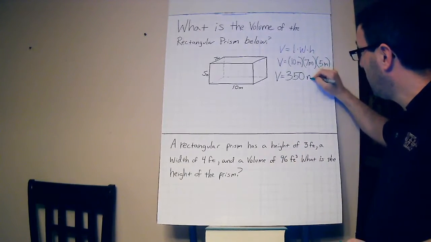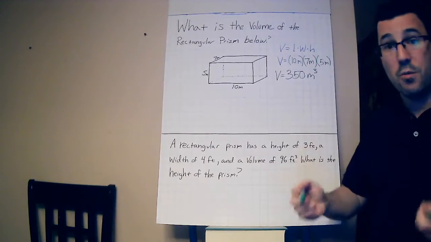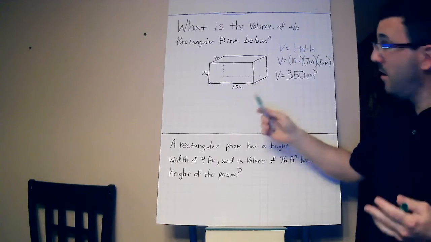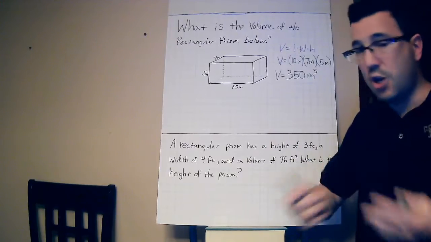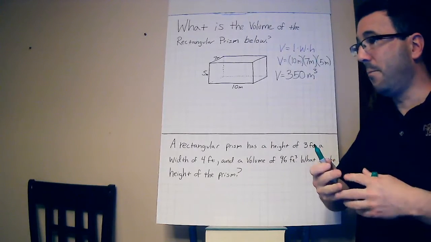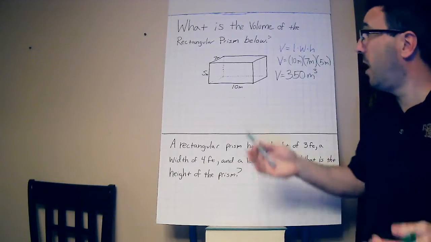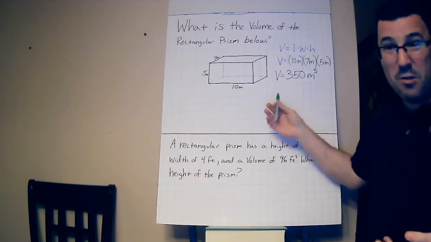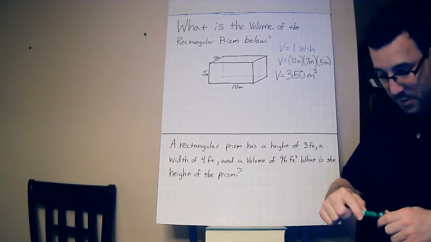So, meters cubed, or cubic meters. So basically, if I wanted to, I could fit 350 cubic meters of something. Dirt, goldfish crackers. I could fill this up with all that stuff, and it would take 350 cubic meters. That's a lot.